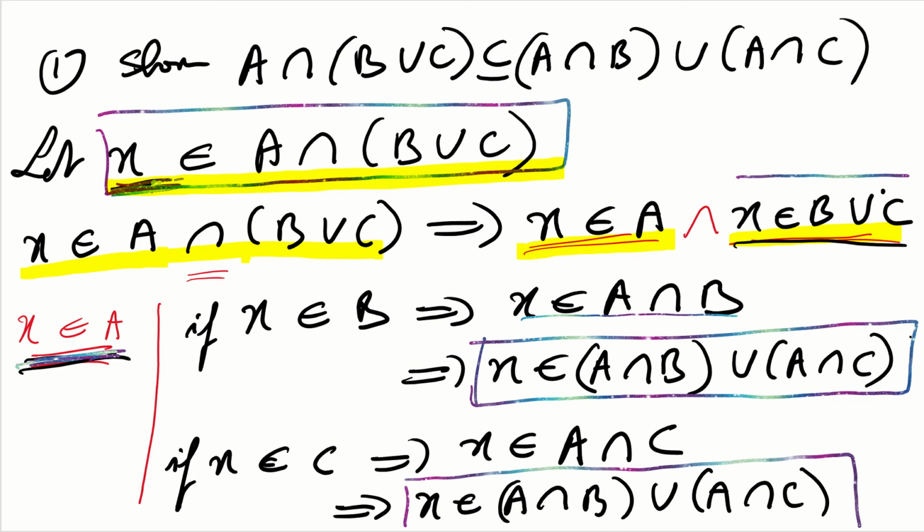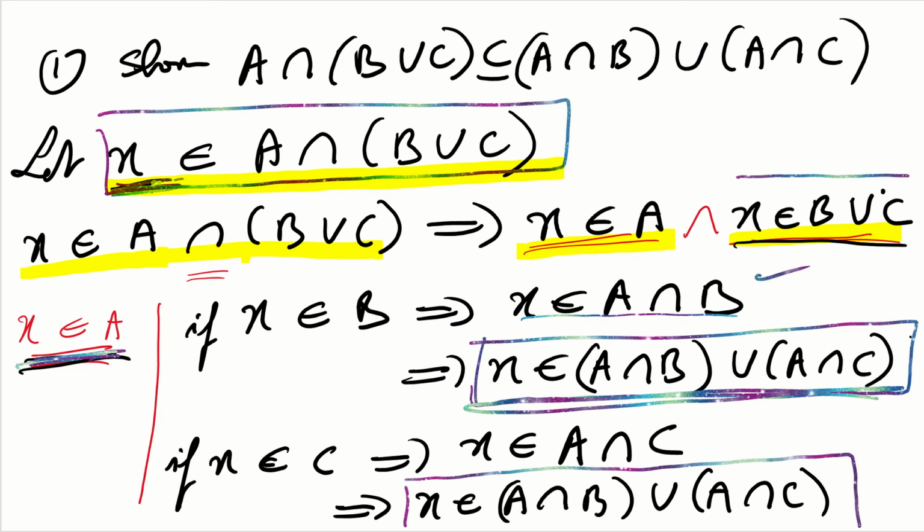Now, if you have x in A intersection B, this can be with the union of any set. That will still be fine. We discussed this last time, how to find the union of this set. So from there you can understand why this expression is true.